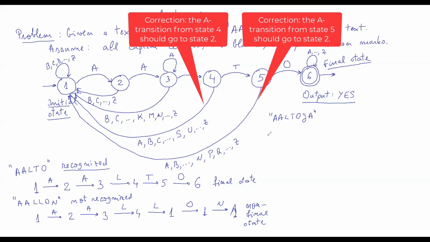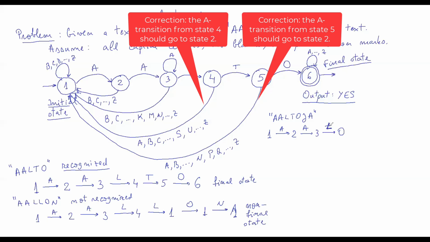So again, I'm reading. I start from the initial state 1, and I go letter by letter, and I change the state as I need to. And for the first 5 letters, the computation is already done, so I can just copy it from here. It goes in the same way. So alto is going to take me to a state.